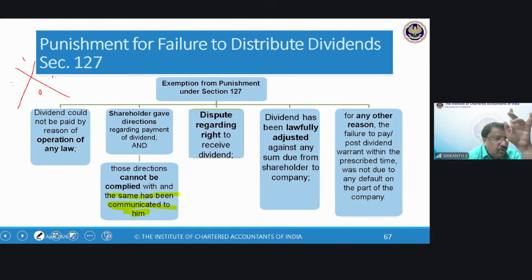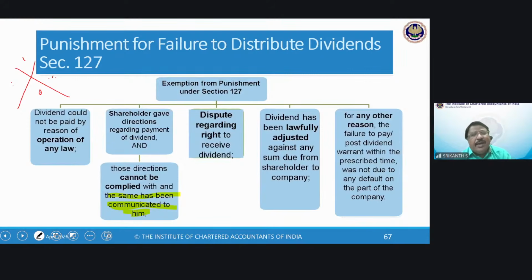It's not enough to just not pay. You have to communicate to him and say, look here, we tried to pay the dividend. This account is frozen. We are unable to pay. You wanted us to pay to this account, we couldn't do it. You can even give him one more opportunity: give some other account, we'll pay. But if by then 30 days are over and he has not given a new bank account, you are not responsible. Okay.